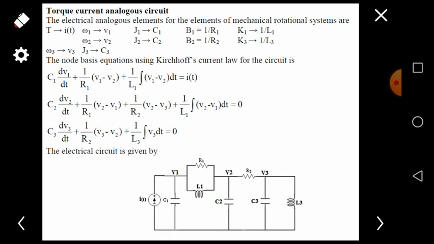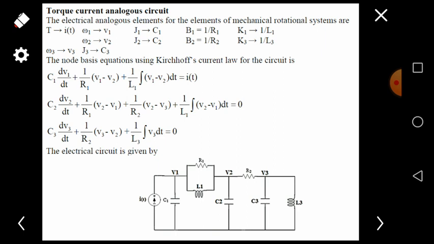Next we are going to see the torque-current analogous circuit. For that we convert the torque in terms of current, and angular velocity in terms of voltage, inertia in terms of capacitance, friction in terms of the reciprocal of the resistance, and the spring in terms of the reciprocal of the inductance.